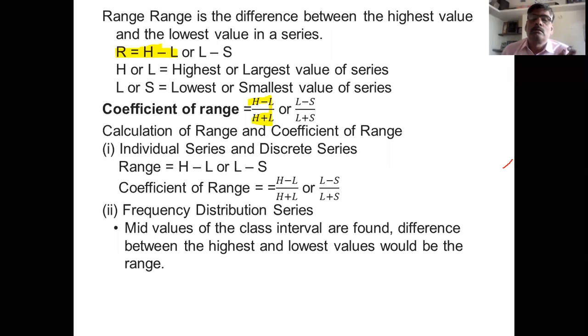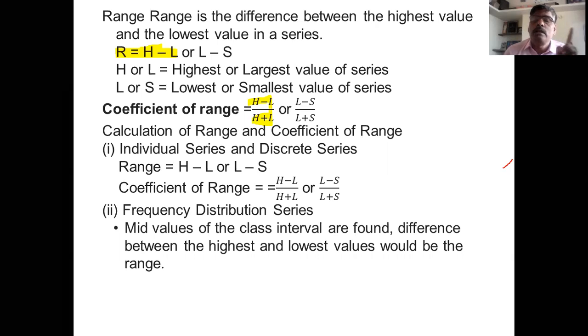For a frequency distribution, discrete series, take the highest value minus the lowest value in the x column. Don't consider the frequency column. If classes are given, the mid values of the intervals are found.